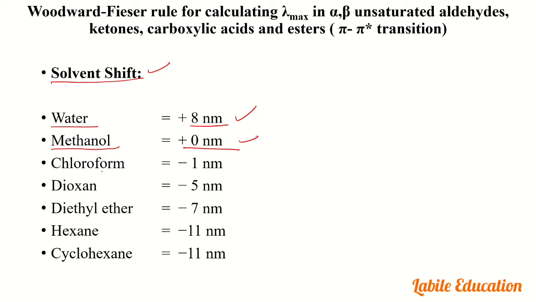If it is a less polar solvent in comparison to ethanol, like chloroform, the value will be subtracted, like 1 nanometer. If this is dioxane, there will be subtraction of 5 nanometer. If this is ether, there will be subtraction of 7 nanometer. If it is normal hexane or cyclohexane, the value subtracted is 11 nanometer. This is the solvent shift.